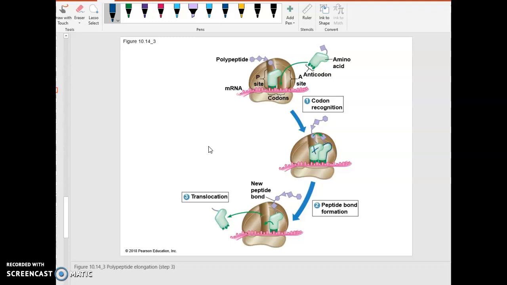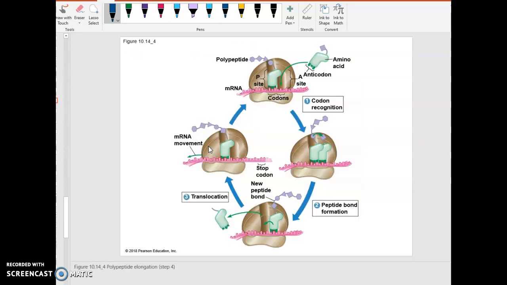And our chain is one amino acid longer. Now we'll have translocation, and that tRNA will be moved from the A site to the P site, and we'll be ready for another tRNA to come in to the A site and make the chain even longer.